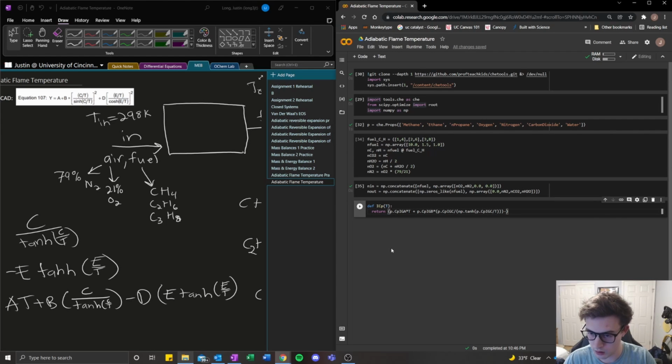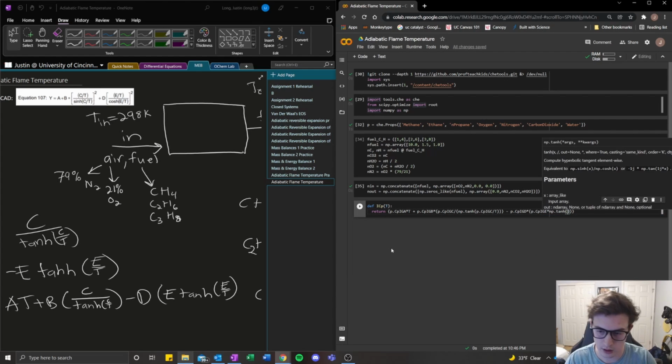And then we're going to subtract the D coefficient times the E coefficient times the hyperbolic sine, not sine, hyperbolic tangent of the E value divided by our temperature.